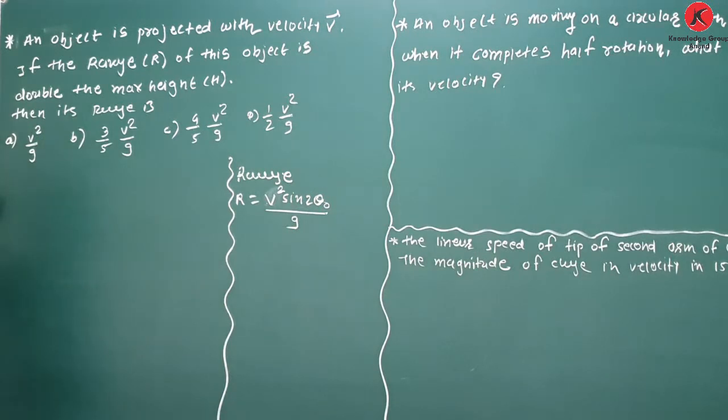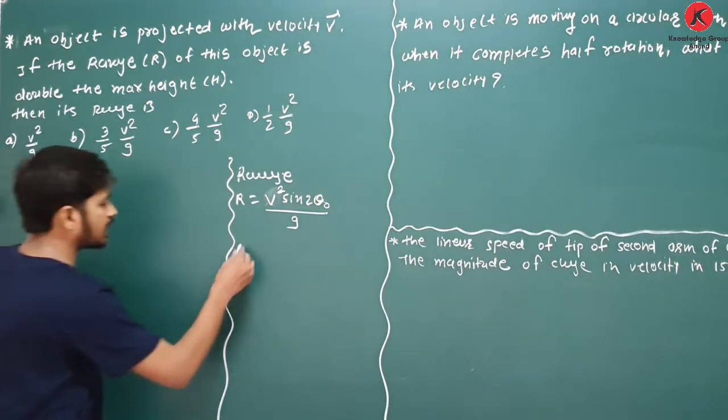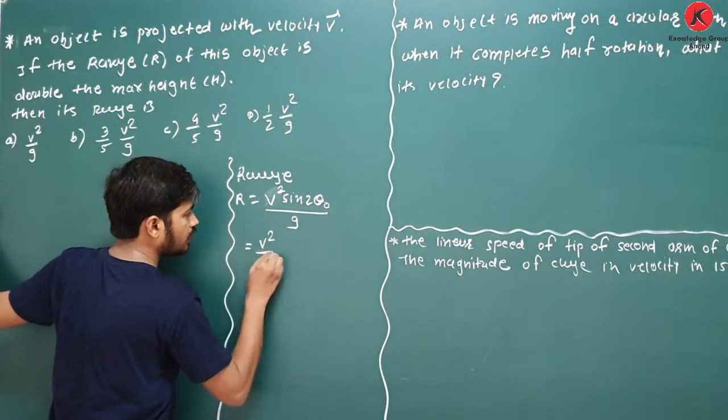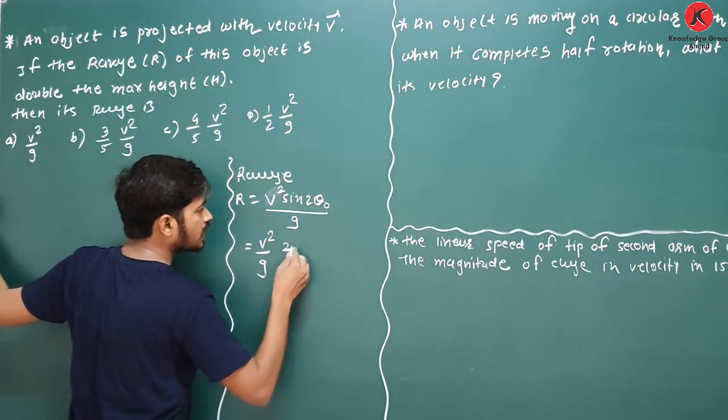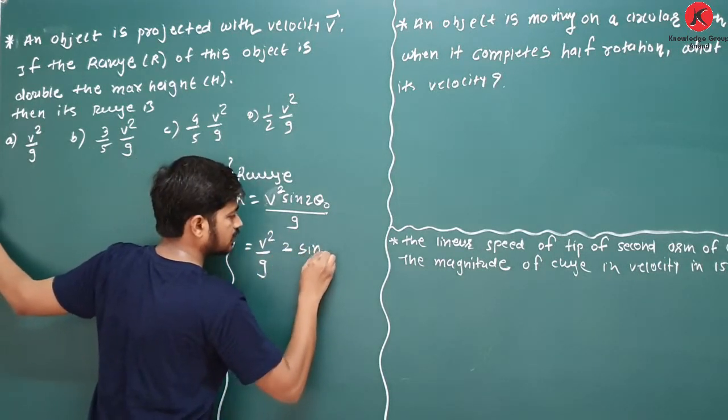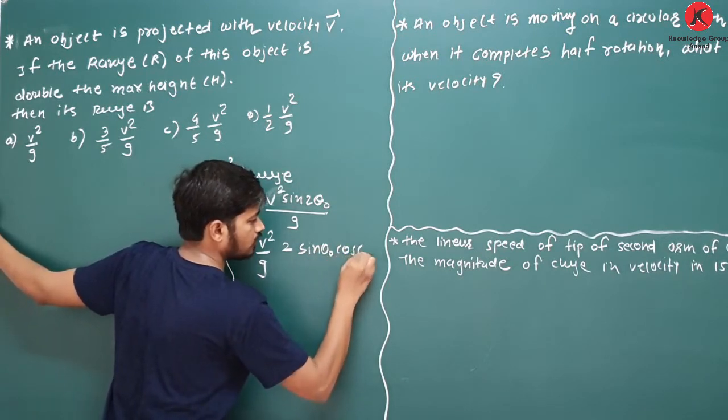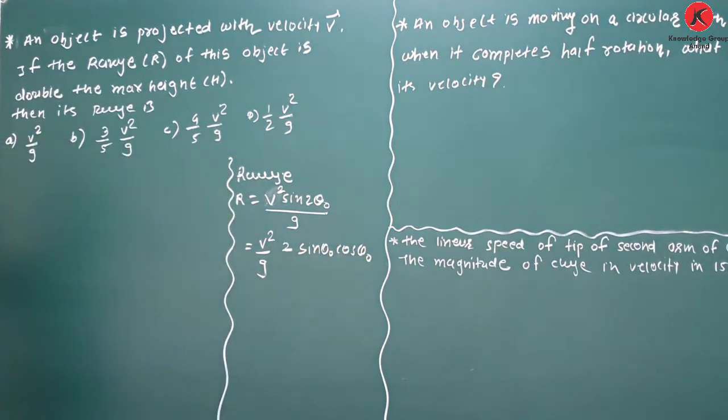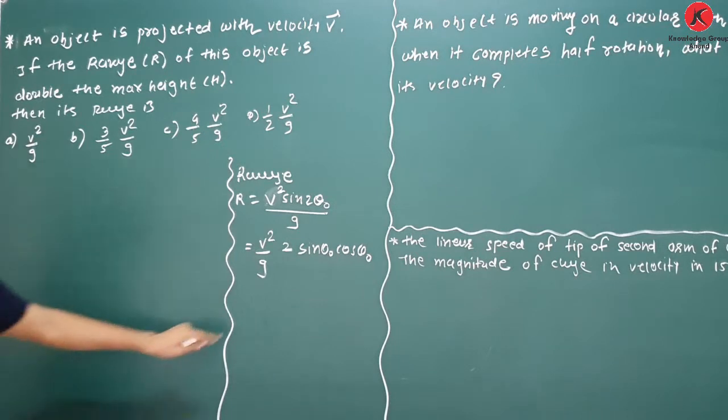You have to put the value of sine 2 theta. If I simplify, sine 2 theta means 2 sine theta 0 cos theta 0. Clear about this?